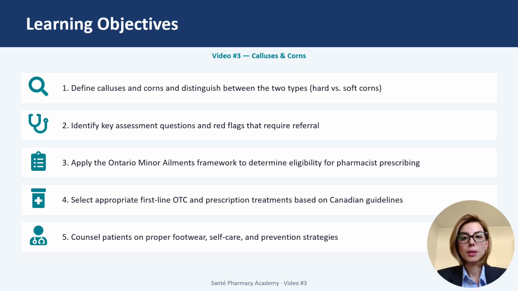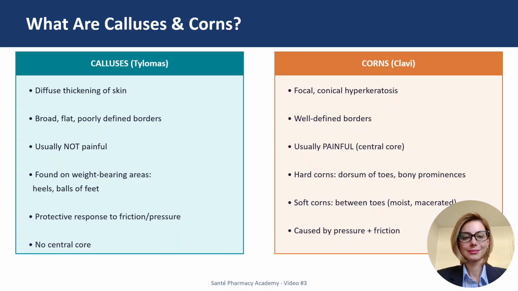Select first-line treatments, both over-the-counter and prescription level, based on Canadian guidelines. And counsel patients on footwear, self-care, and how to prevent recurrence. This is a very practical topic, the kind of thing that comes up at the pharmacy counter multiple times a week. So let's get into it.